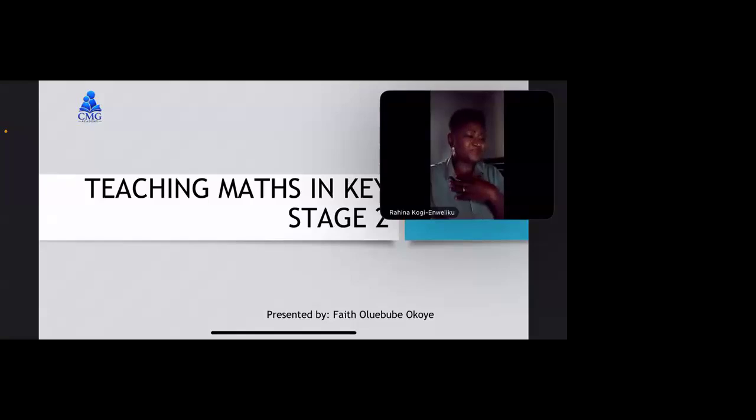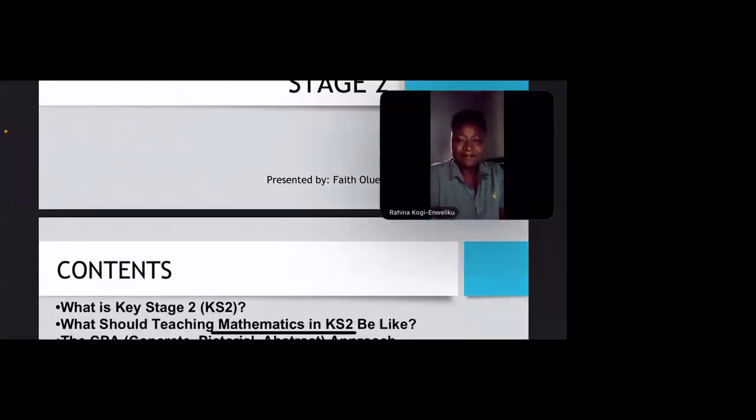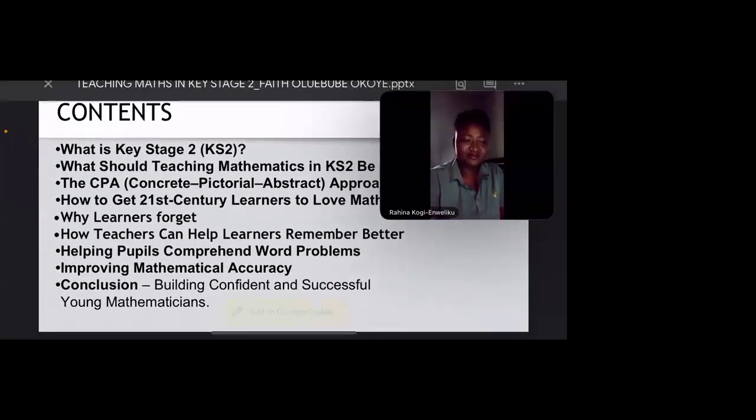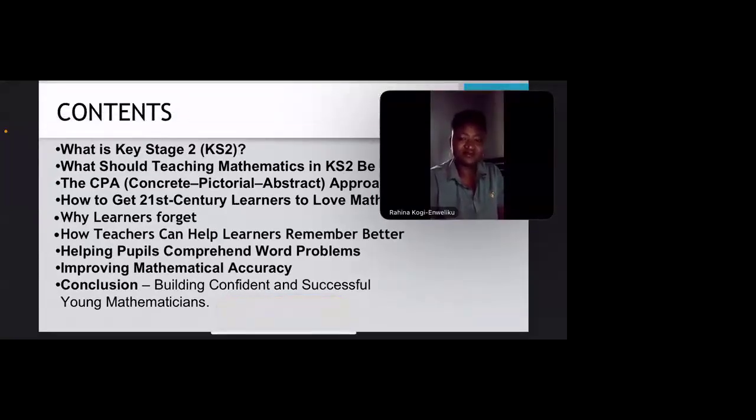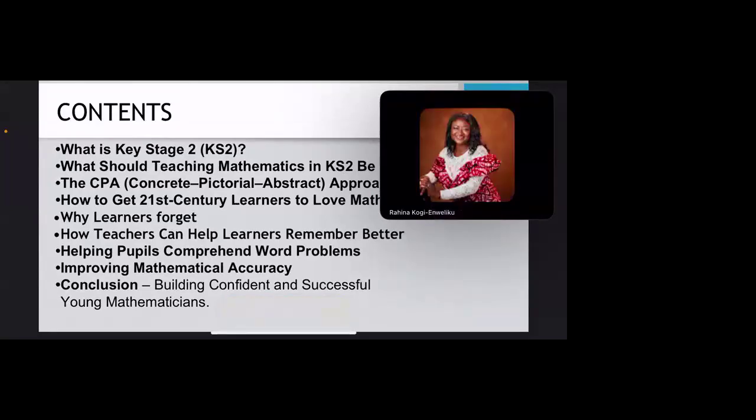Our focus, like I said earlier, is teaching mathematics in Key Stage 2. In this session, we are going to look at what Key Stage 2 is all about. Then we'll talk about what teaching math in Key Stage 2 should be like. We'll briefly go through the CPA approach, although the speaker yesterday spoke extensively on that, so we won't spend so much time on it today. Then we take a look at how to get children of the 21st century to learn and love mathematics.